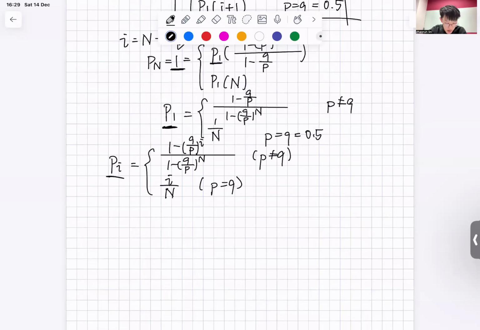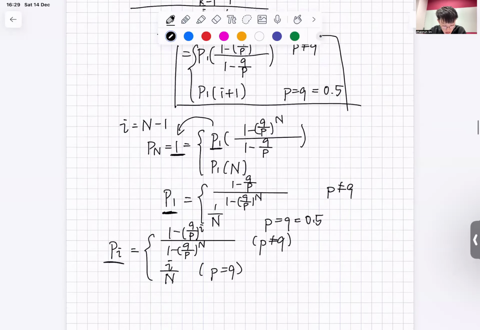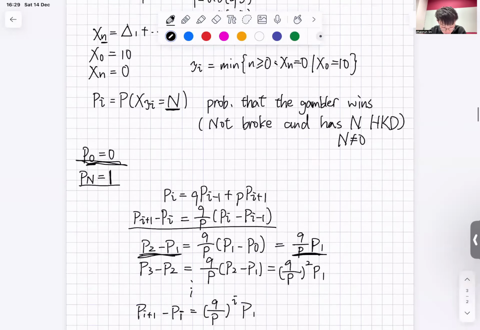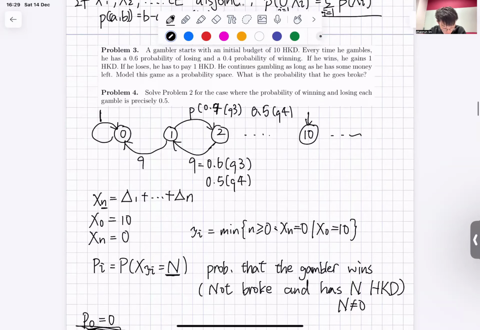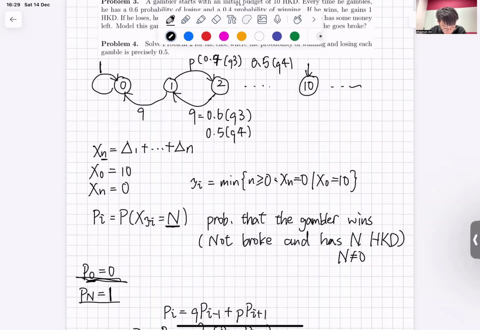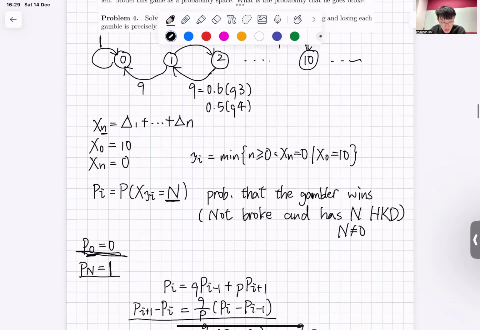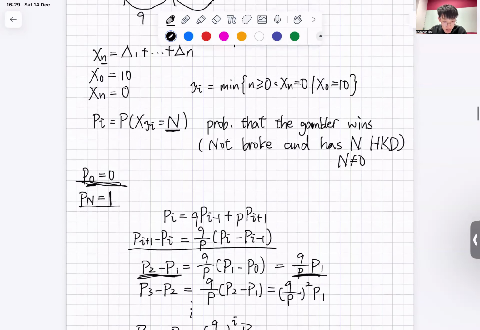So this is Pi. We have defined Pi to be the probability that the gambler has i money after tau i steps.